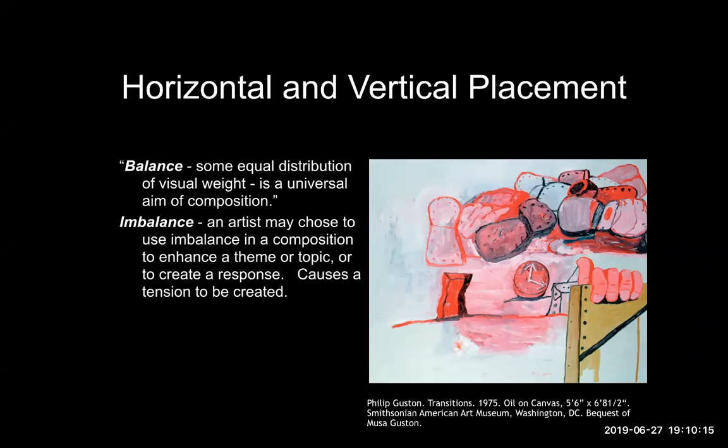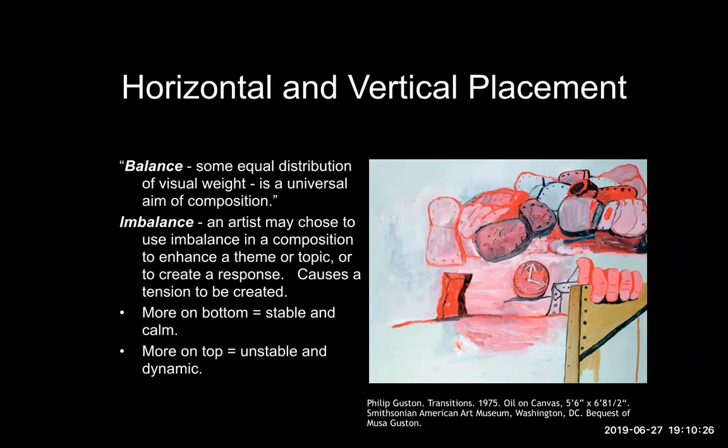And then this just reiterates what I just said. There's a tension here. When you have more weight on the bottom, things tend to be and feel stable. If you have a lot of weight on top, it feels more dynamic, like things could topple over at any moment.